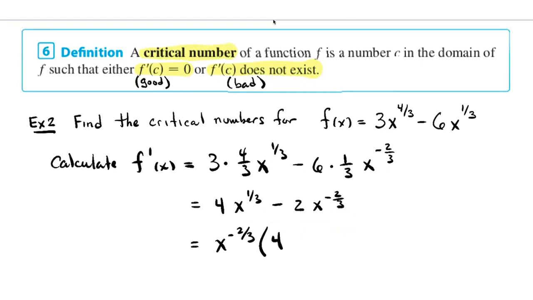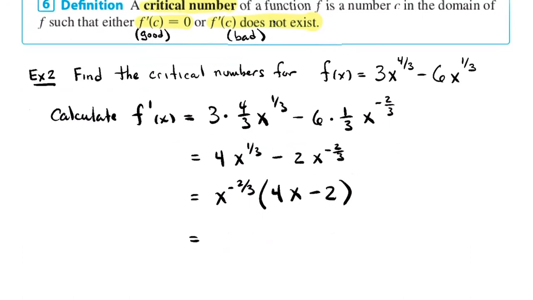So I'd have x to the negative 2/3 times, when you factor x to the negative 2/3 out of 4 x to the 1/3, you get 4x to the 1, and I factored it completely out of that other term, so it would be times 4x minus 2. I could have also factored out a 2. Maybe I'll do that on the next line. If I do that, factoring a 2 out of 4x minus 2, it's 2 times 2x minus 1. And I'm going to write that negative exponent.